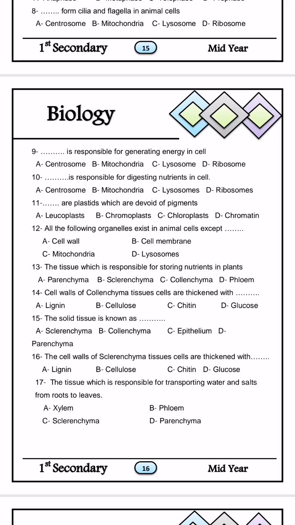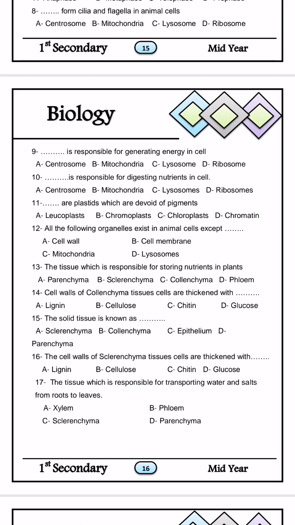Which organelle is responsible for digesting nutrients in the cell: centrosome, mitochondria, lysosomes, or ribosomes. The answer is lysosomes. So we know that lysosomes are found in large number in the white blood cells because they have enzymes that can digest any microbe.